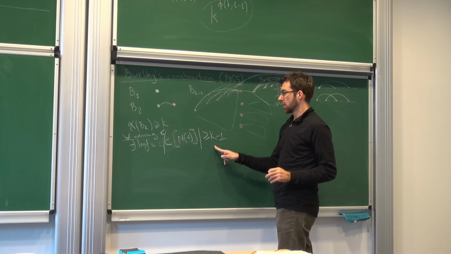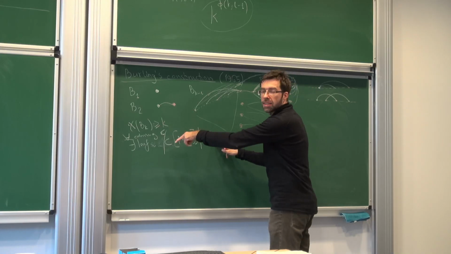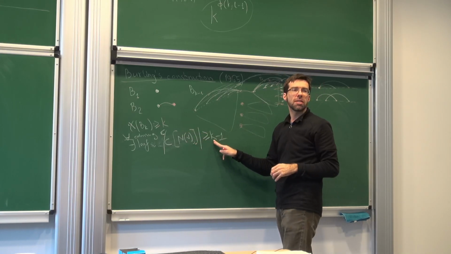At least k minus 1, yes. Because this leaf itself has one more color. So this is at least k minus 1.